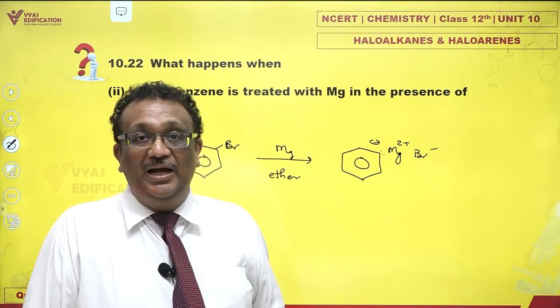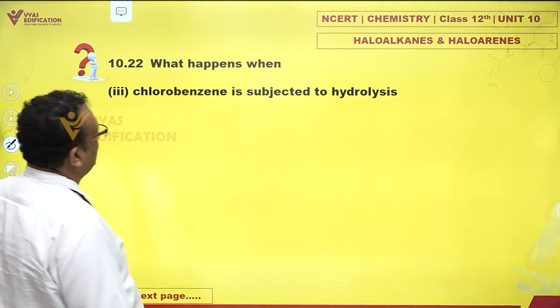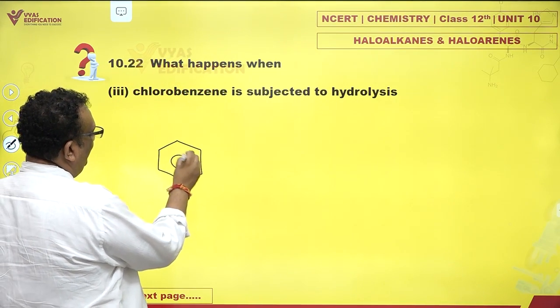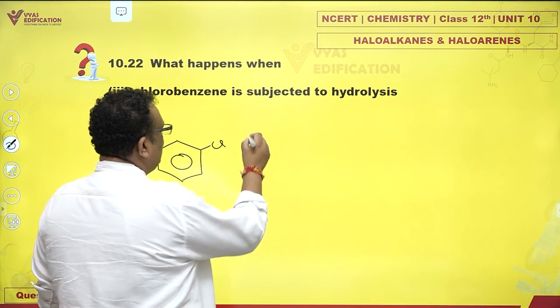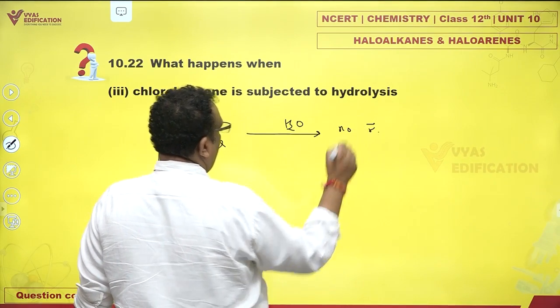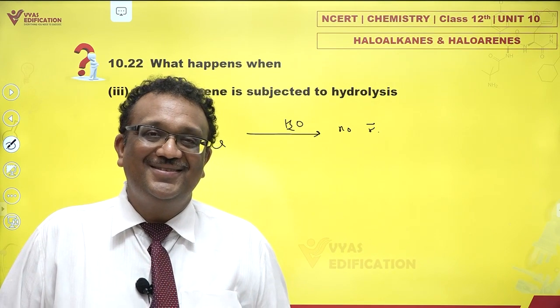Yes, you would get an aryl Grignard reagent. Chlorobenzene is subjected to hydrolysis. No, actually nothing happens. Hydrolysis means reaction with water. If you just add water, there is no reaction at all. Chlorobenzene fails to undergo any hydrolysis.